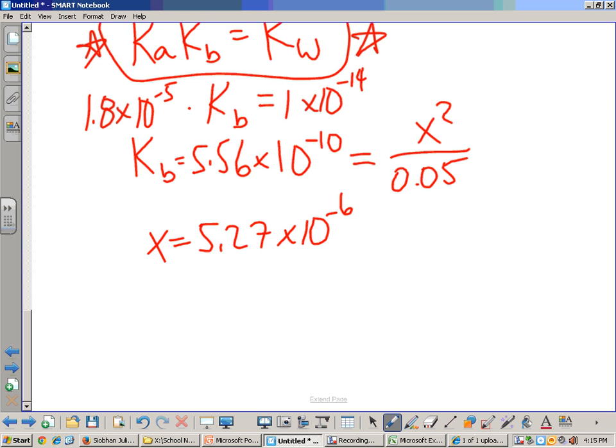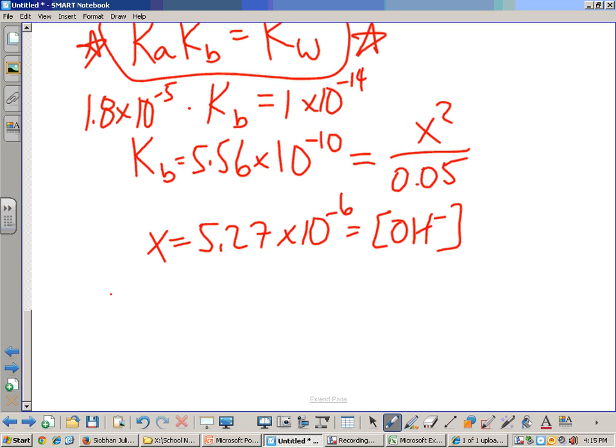Remember, this question is looking for pH. So if you go back and look at the ICE chart, what does x represent? X represents the hydroxide concentration. We can absolutely use this for pH.